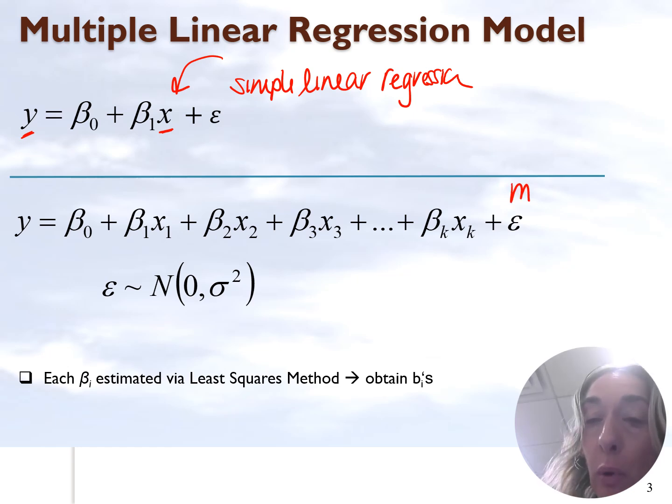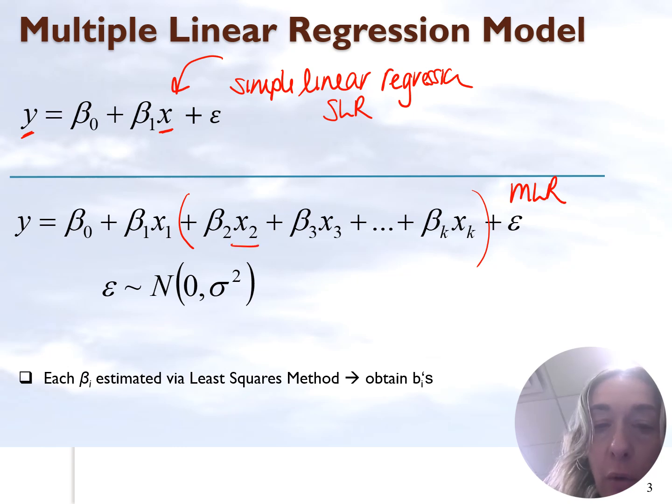A multiple linear regression model is simply an extension of the simple linear regression model. You extend it by adding on additional terms representing additional independent variables, each having their own slope coefficient, or slope parameter.